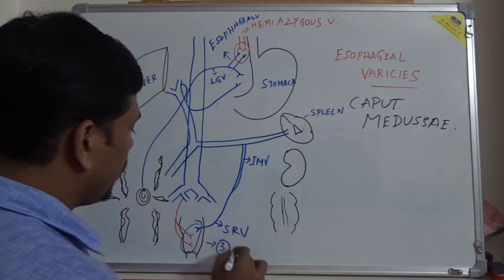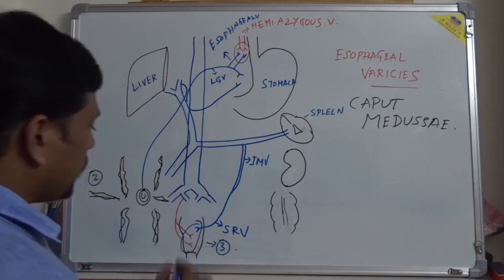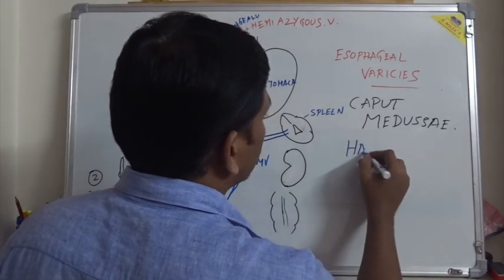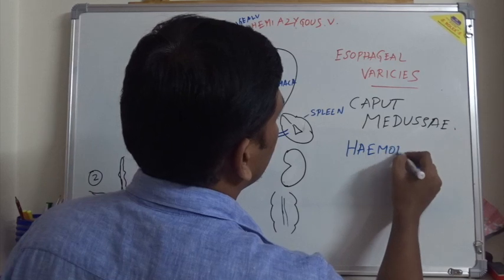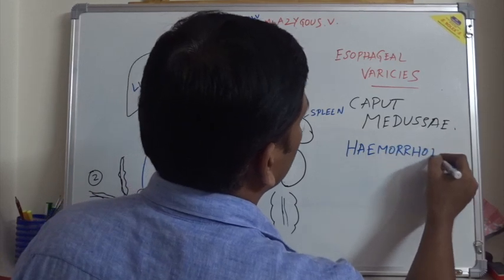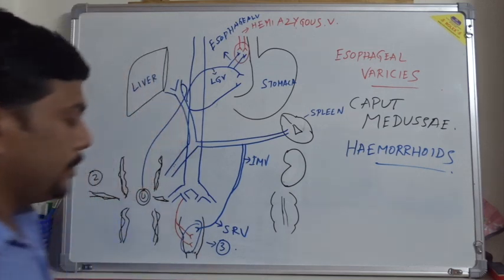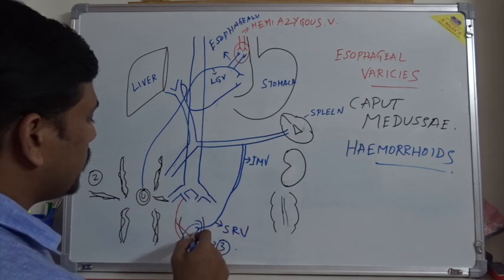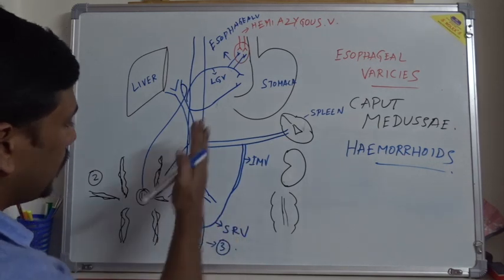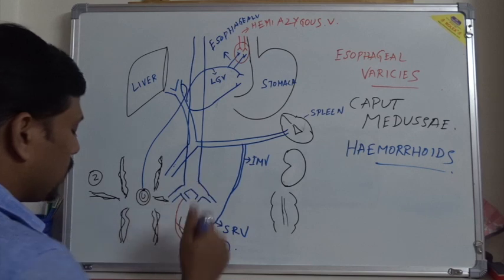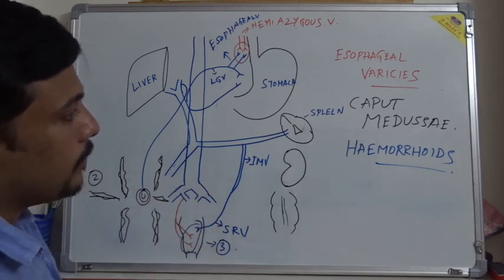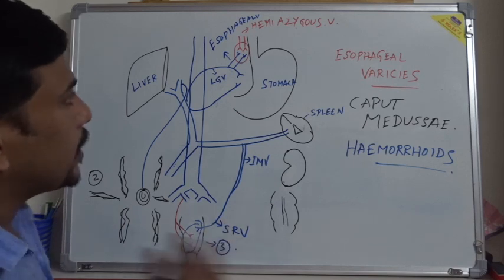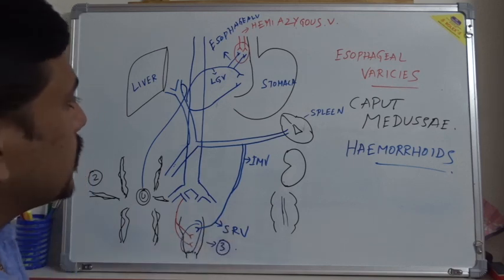Due to enlargement of these veins we can see hemorrhoids. Whenever there is obstruction to portal flow, these veins get enlarged to compensate the blood flow through the inferior vena cava in this route, and that is nothing but hemorrhoids or piles. So these are the three major sites of portocaval anastomosis which you need to remember.